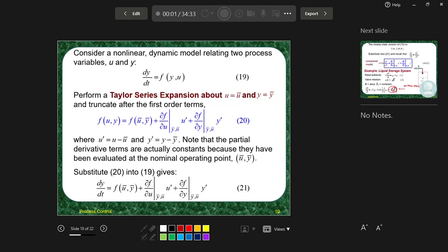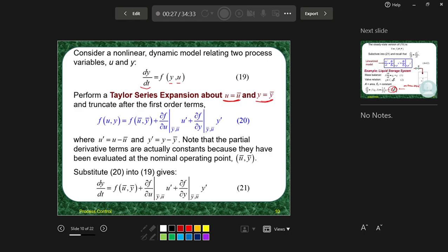If we have a case of a multivariable function, like here, dy by dt is equal to a function of u and y, then we need to use again the Taylor series expansion, but now about both u and y. So we will linearize about u bar and y bar.